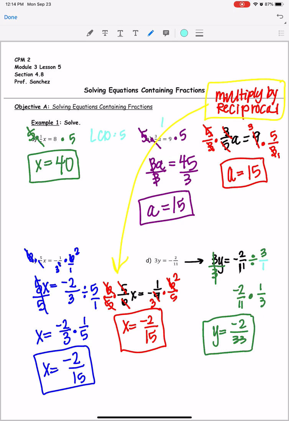On B, the LCD was 5. We multiplied by 5. On C, the LCD was 6, and that's what we multiplied by. And then on D, well, we didn't do that on D, but we did do that on A, B, and C. Okay, D was its own thing. So it does not matter if you want to use the LCD on everything that involves a fraction, or if you want to go with the shortcut move that's on this page here.